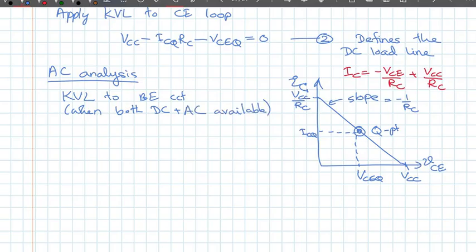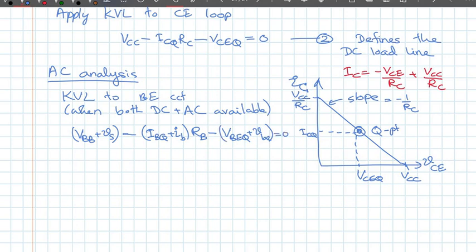You have the same equation, but VBB plus Vs minus the total IB, which is IBQ plus the small signal ib, times RB, minus VBEQ plus vbe, the whole thing equal to 0.